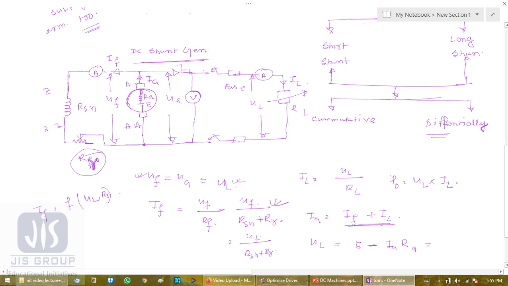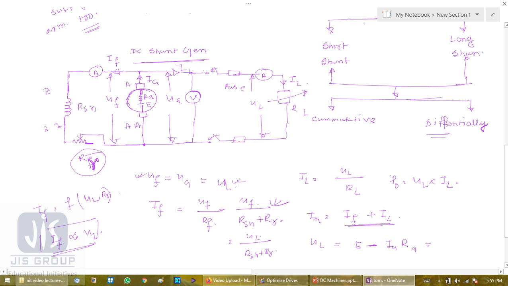So we can say IF is proportional to UL. Therefore we can conclude that field current cannot be fully controllable as it was in case of separately excited generator. In case of separately excited generator we can fully control the field current, but here it depends on the load condition.